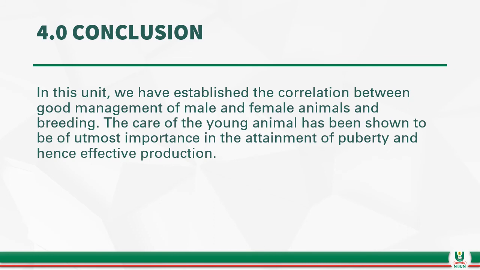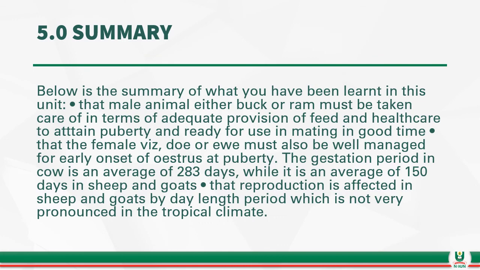In conclusion, in this unit, we have established the correlation between good management of male and female animals and breeding. The care of the young animal has been shown to be of utmost importance in the attainment of puberty and hence effective production. In summary, the male animals, either buck or ram, must be taken care of in terms of adequate provision of feed and health care to attain puberty and be ready for use in mating in good time.